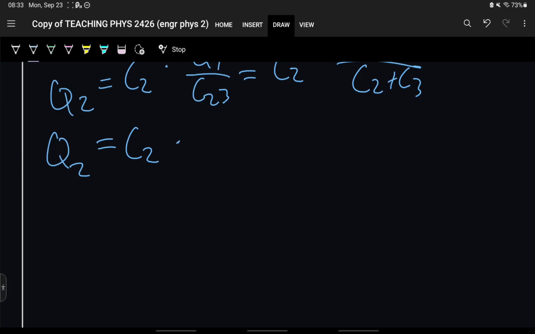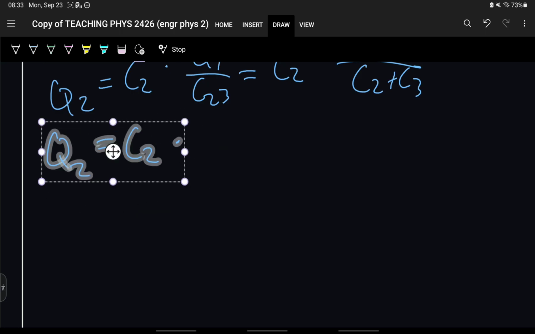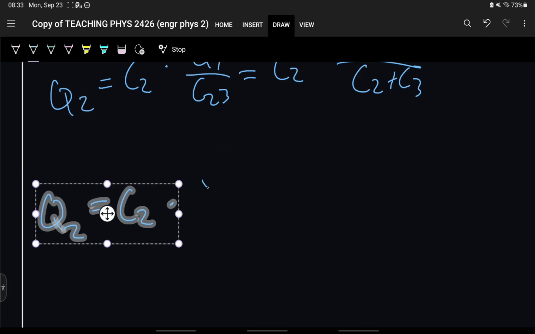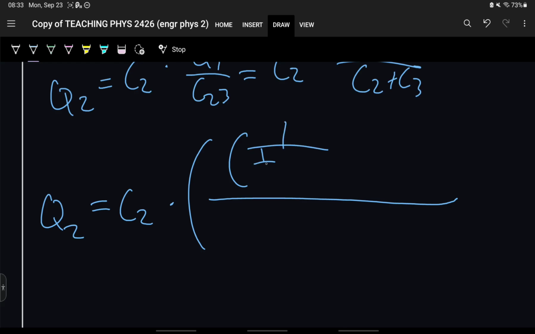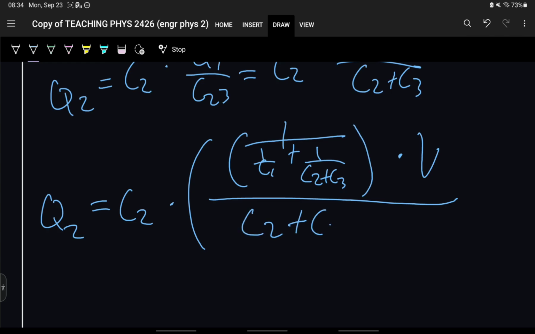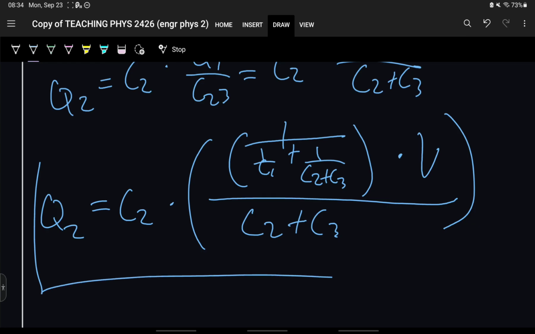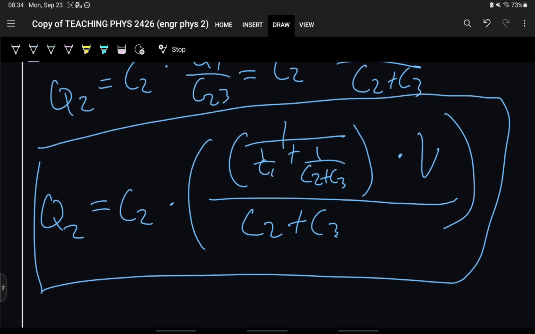So I have C2 multiplied by, I'm going to move this down so I have enough space to write, C2 times this big old parentheses, and it's going to be 1 divided by 1 over C1 plus, sorry, C2 plus C3, and then times V. This is not very good looking at all. And then C2 plus C3, and that's what I got for part 2 after I expanded it all.